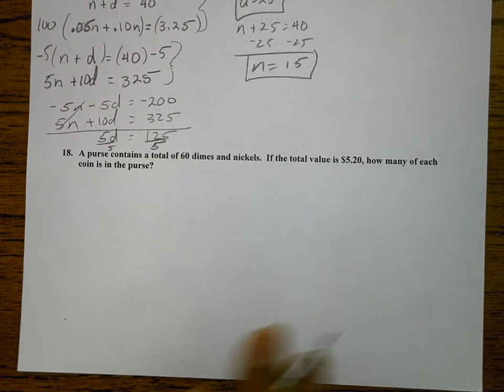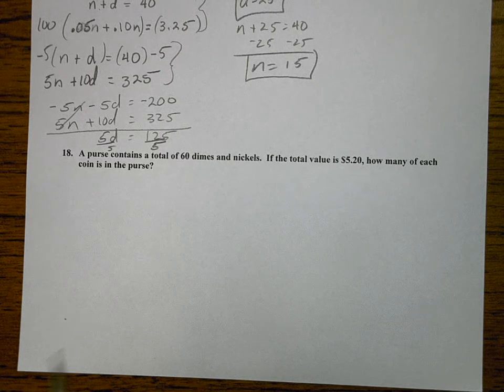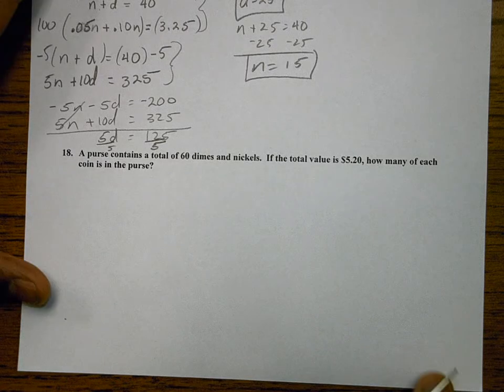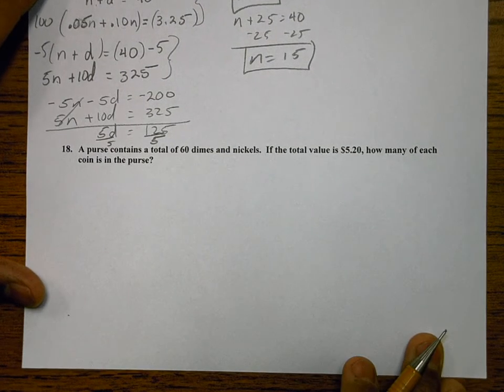So this next question, it's the same kind of thing, just different values. We've got dimes and nickels again, but they add up to something different, and there's a different total number of coins. So let's go a little quicker this time, but we're going to do the same thing.